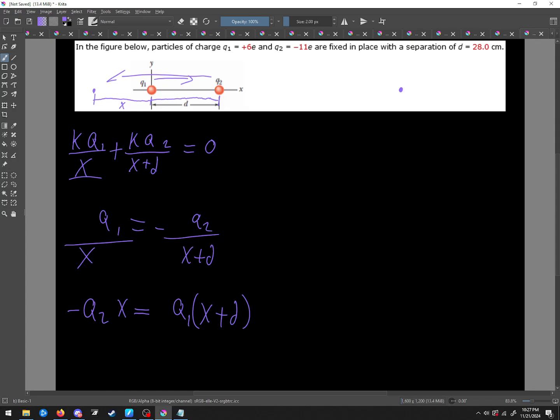I think this will work out if we add, let's see, q1. 6e is 6 times 1.602 times 10 to the negative 19, right? Yeah, why not? Okay.